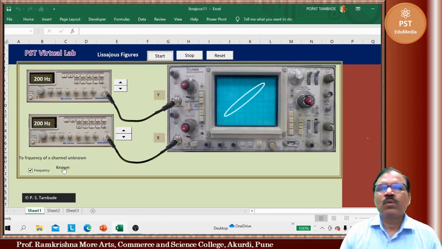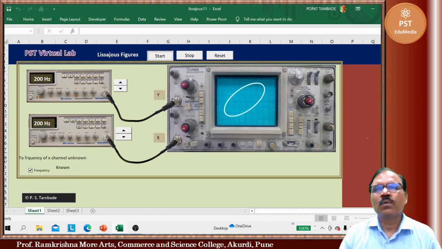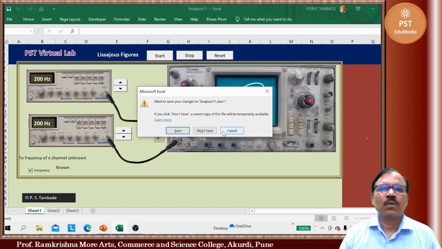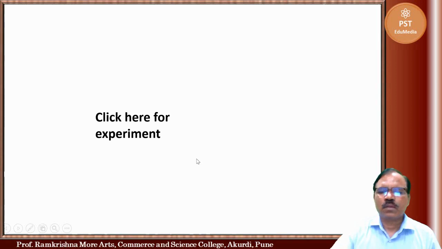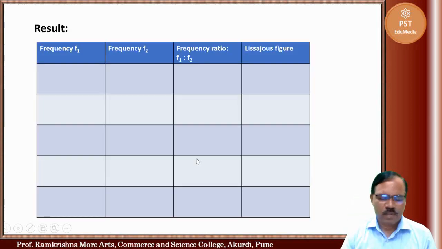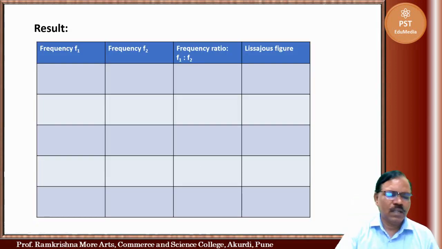Now we will see the result. I have noted down the results: frequency f1, frequency f2, ratio and corresponding Lissajous figure.